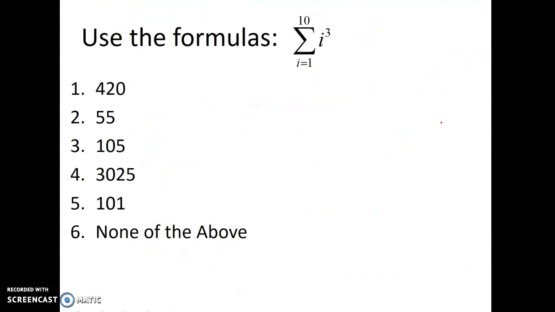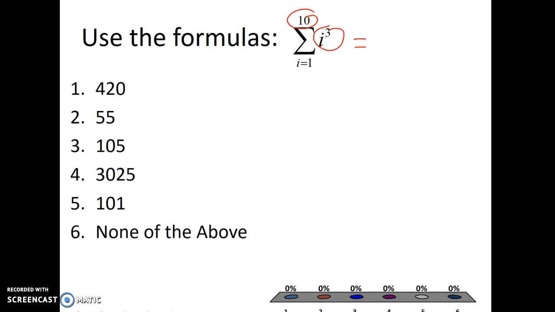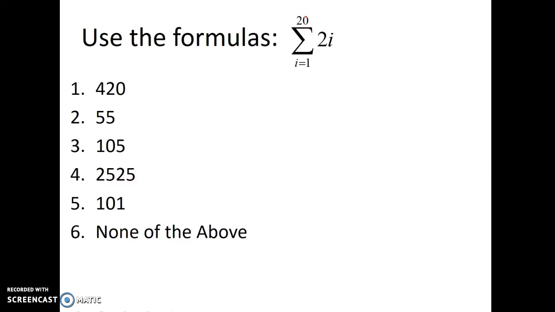So let's use our formulas. You have the memorized i cubed formula. Write that formula down and then plug in your upper bound 10. Here, we can take the 2 out and then we have the sum of i formula. Write the i formula down, multiply it by 2, and then plug in your upper bound 20.